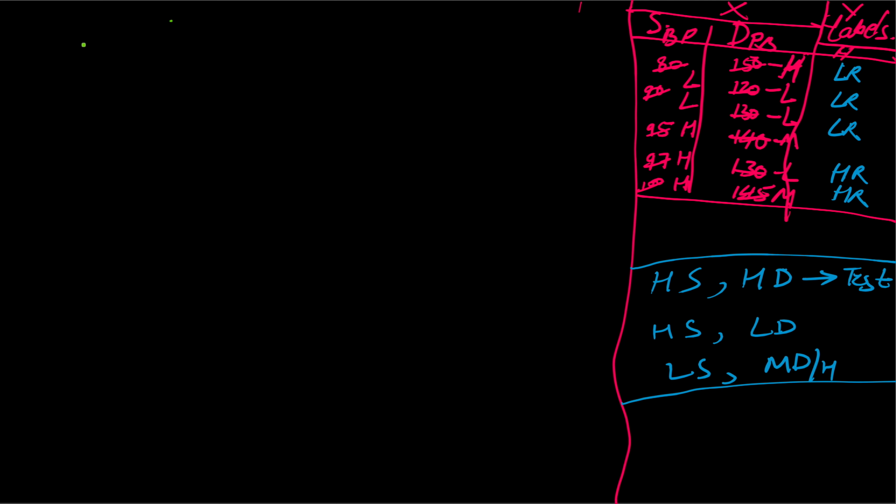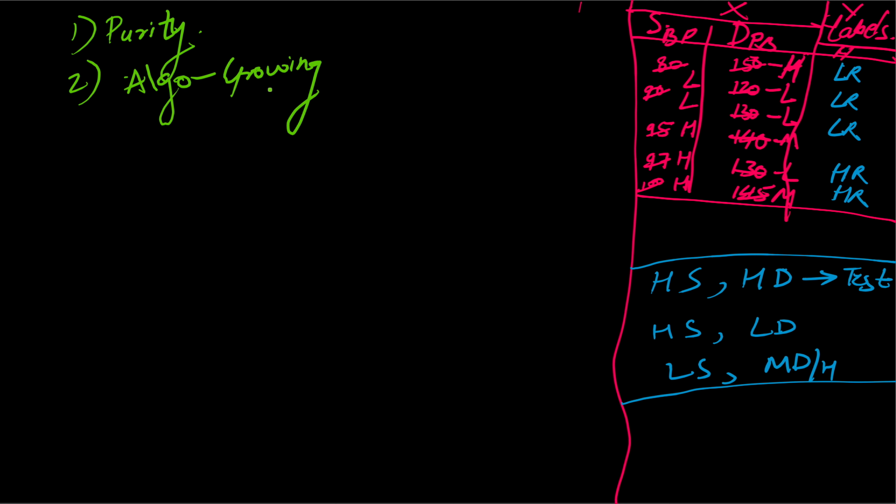Decision trees have three things. The first thing is you choose a purity measure. The second thing is an algorithm for growing the tree. This should encompass your split of the nodes: how do you split the nodes?